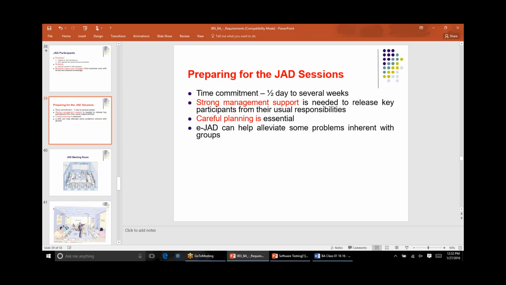So a lot of people do a lot of these workshops. Everybody does not need to be there physically in the room. They could be there on phone, electronically available to us. So there could be joint application workshops on that basis as well.